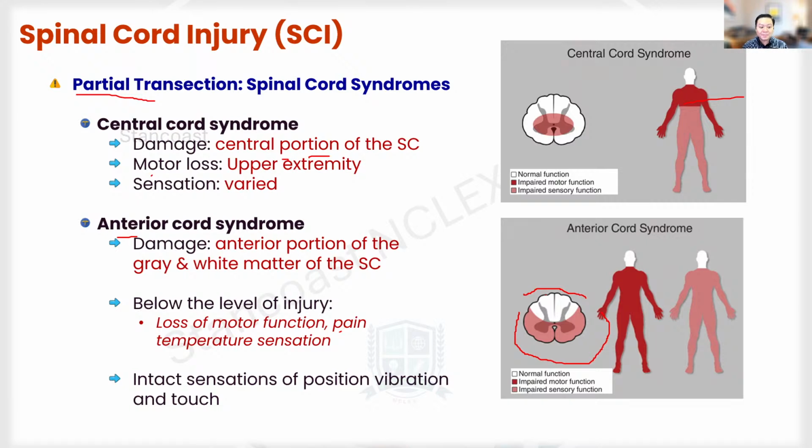I'm talking about the sense of vibration, position, and touch. So again, the dorsal columns of the spinal cord will carry these signals, and of course, they're located at the back part of the spinal cord. And so that is why they will still be able to have the sense of position, the vibration, and touch.